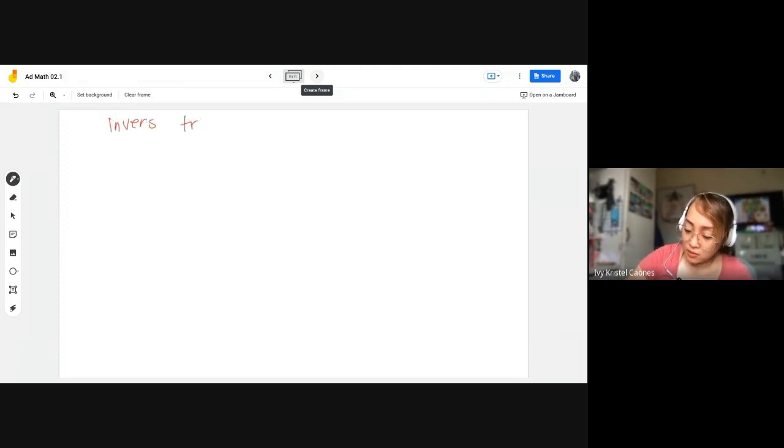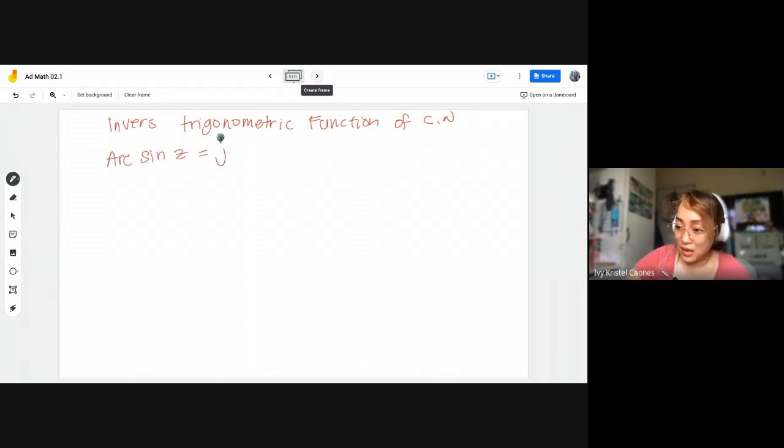So next is the inverse trigonometric function of complex numbers. Now that is arc sine z equals negative j ln of jz plus or minus square root of 1 minus z squared.